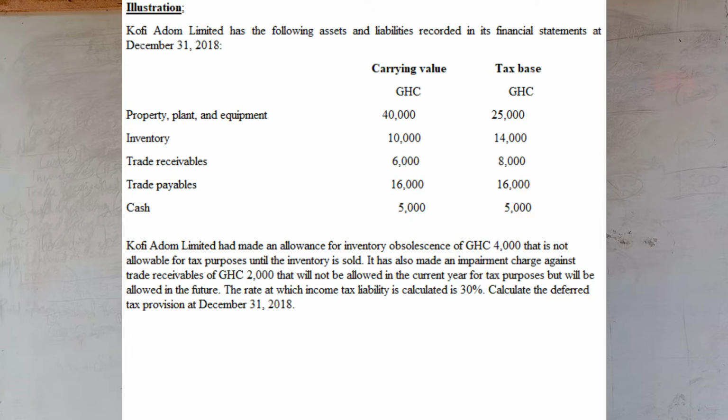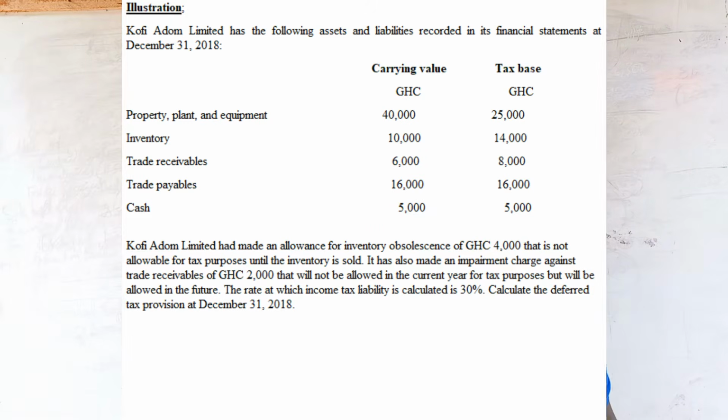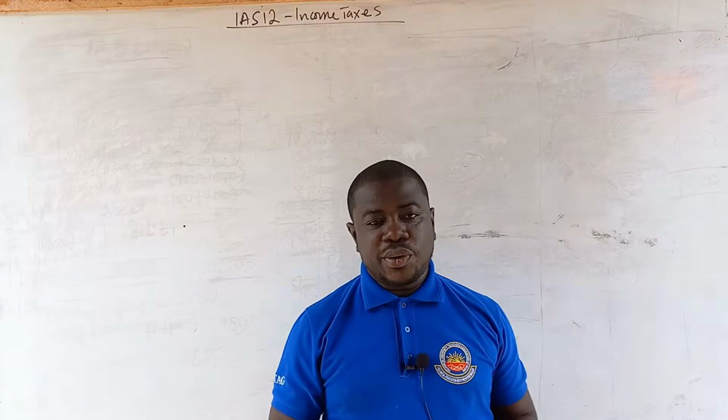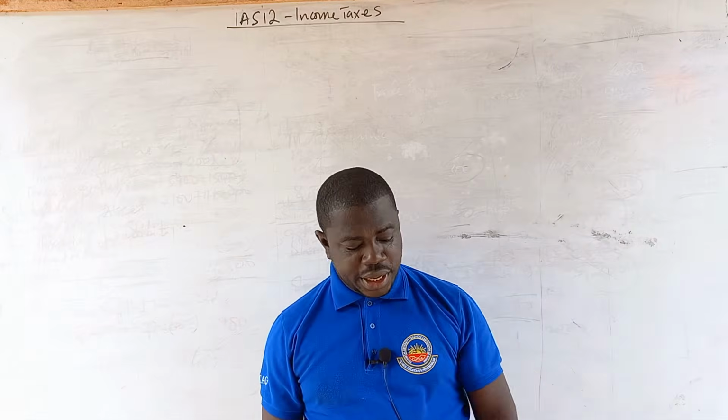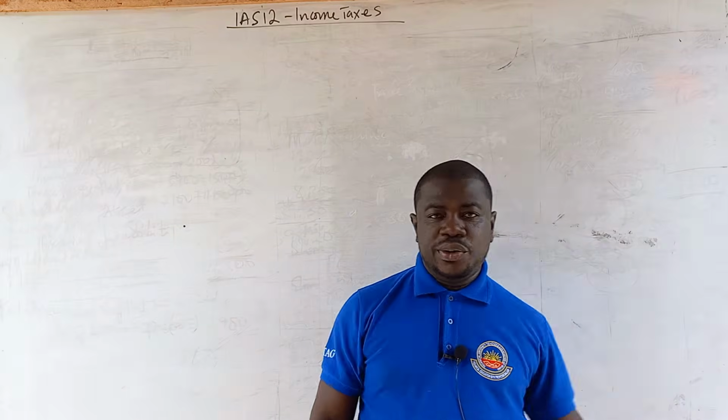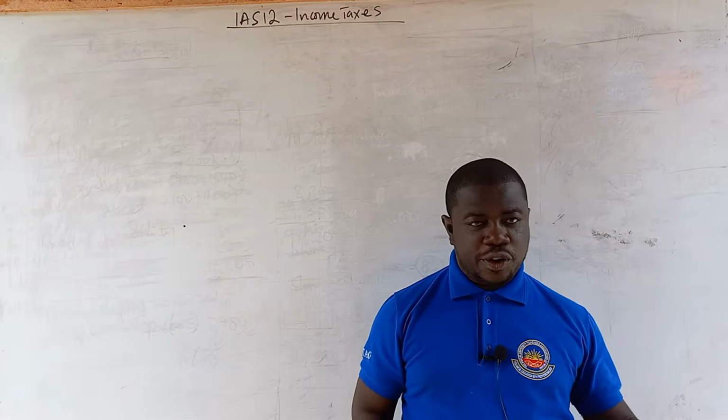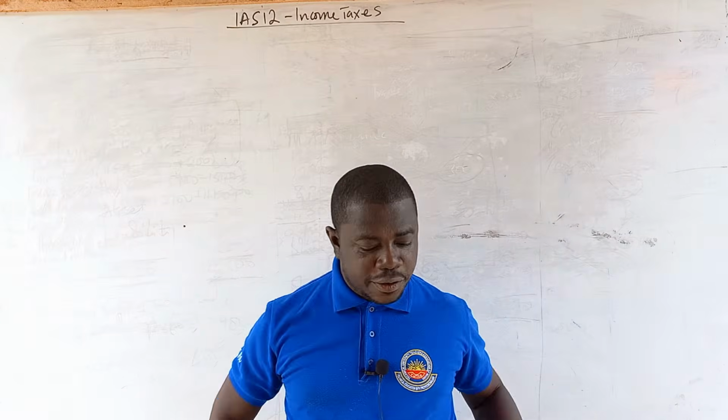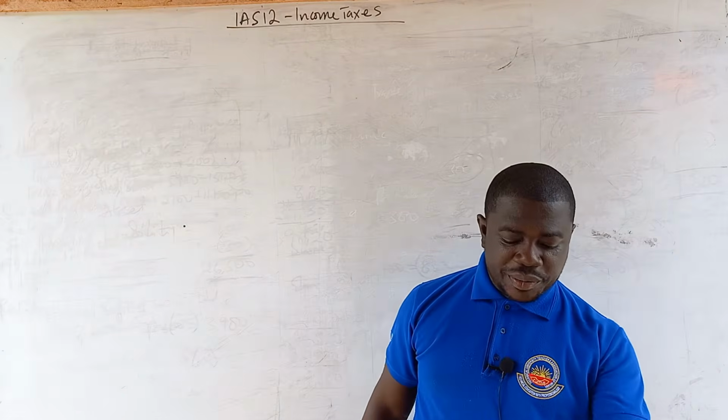The rate at which income tax liability is calculated is 30%. Calculate the deferred tax provision as at 31st December 2018. So this is the question, okay? We have been given a list of balances at their carrying values and their tax bases for the assets and liabilities of Kofi Adom Limited. And then we have been given some information.